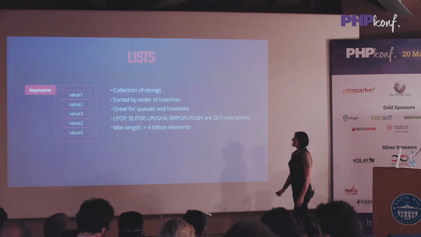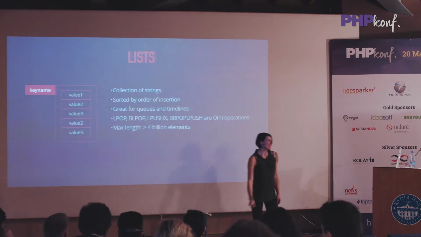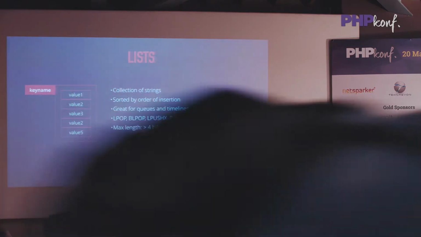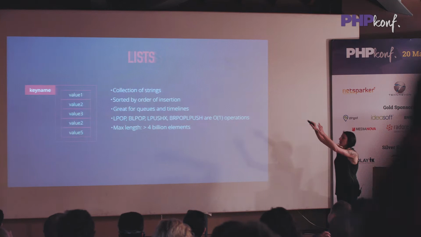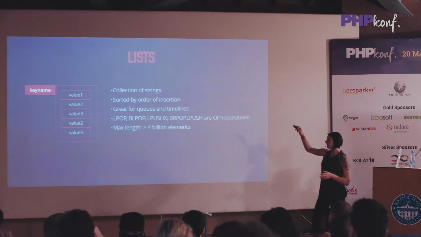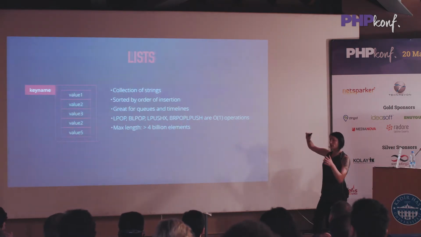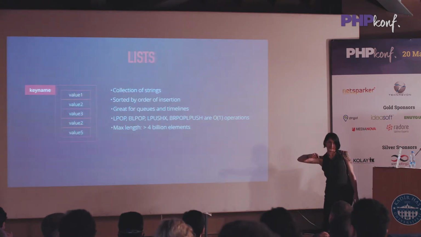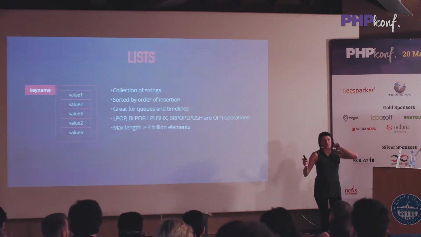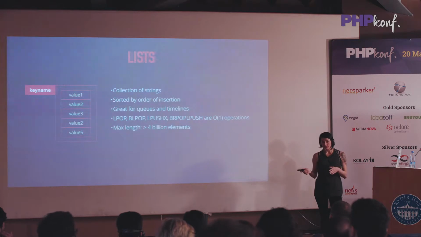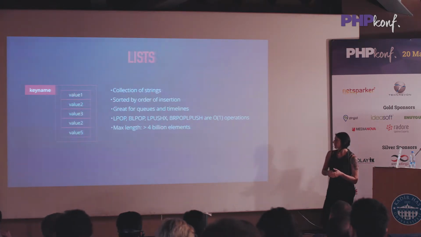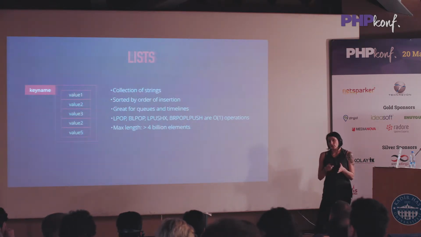Okay, so next data structure, lists. Inside of those 512 MB, half a gig, instead of one string, we have a collection of strings. They're sorted by order of insertion. They can be duplicated. Because they are sorted by order of insertion, they are great for timelines.